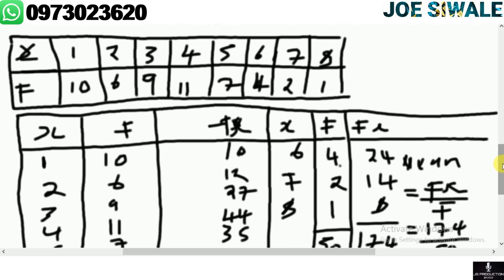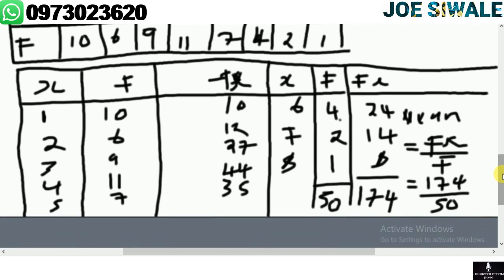Then let us calculate the mode. The mode is the number that has the highest frequency, and the number that has the highest frequency there is 4, because the frequency of 4 is 11, and no number has a higher frequency than that of 4.